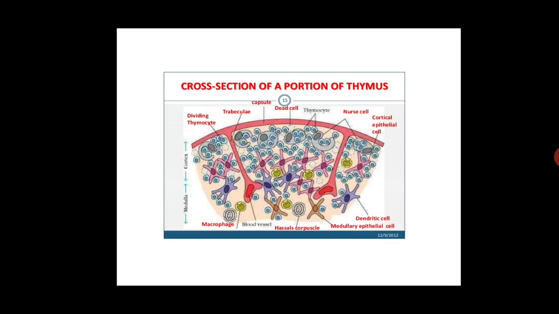Nurse cells are also present in the cortex region and they surround the thymocytes, forming large multicellular complexes. There are very few thymocytes in the medullary region. Epithelial cells, dendritic cells and macrophages are present in both the cortical and medullary regions.